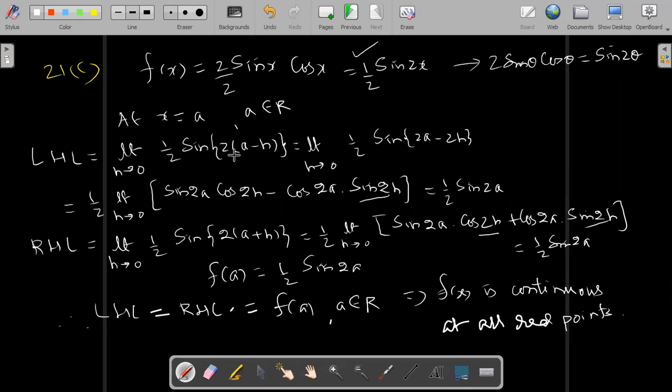Finding the left hand limit, x is replaced by a − h, multiply by 2 and use sin(a − b), sin a cos b minus cos a sin b. Similarly here sin a cos b plus cos a sin b and substitute the values. So sin 0 is 0, here sin 0 is 0, so it will become 0, cos 0 is 1. So we get only sin a and the value of the function is also this. Therefore it is continuous at this point.